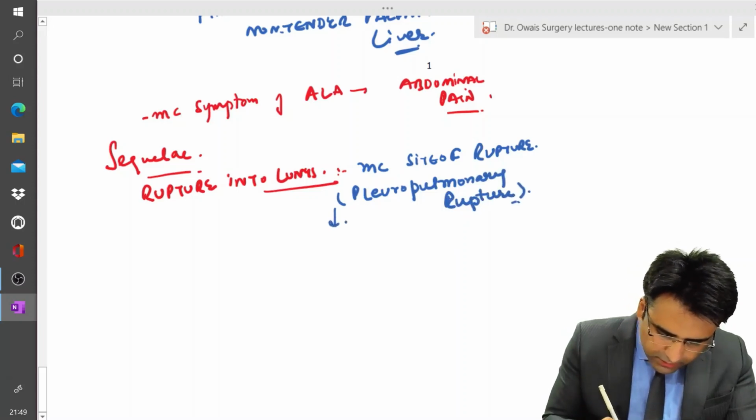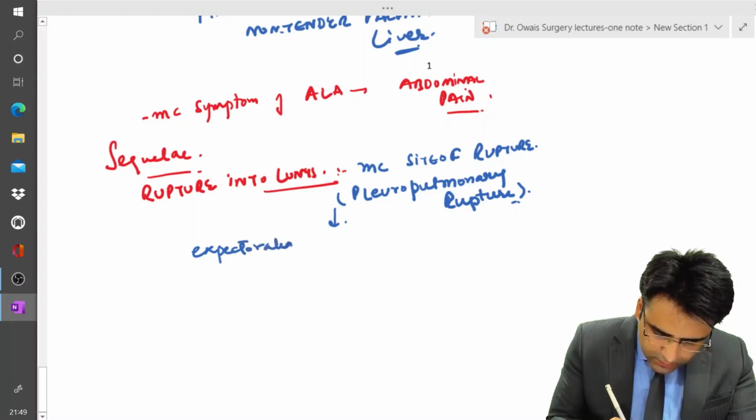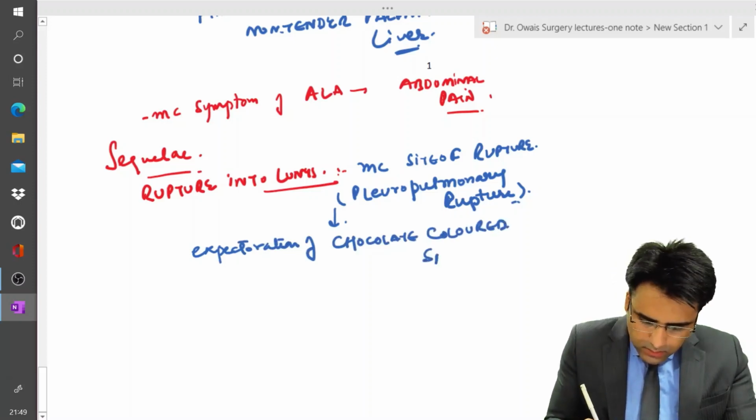The patient will have expectoration of chocolate colored sputum.